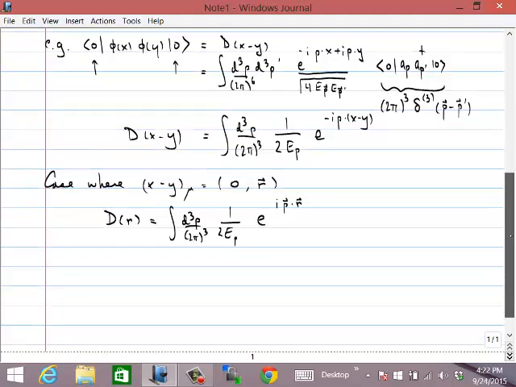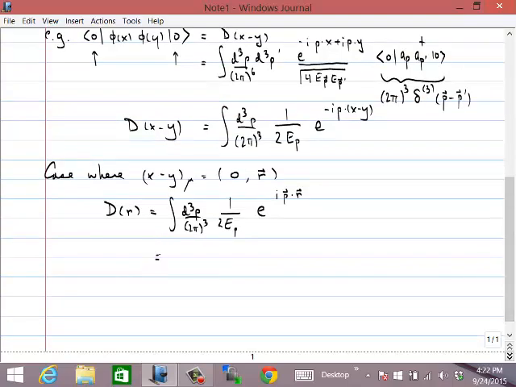And then, as we did in our earlier computation, we can just go to a coordinate system where r points in the z-hat direction. Okay. And then we can do this integral by going to polar coordinates. So we get an integral. So that integral over the 3-vector p becomes an integral first over the length of the 3-vector. So it's a p squared dp over 2E_p.